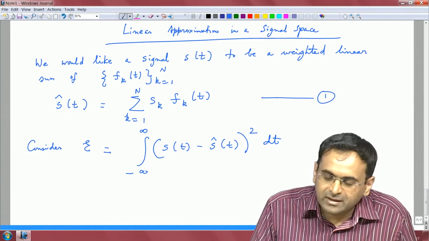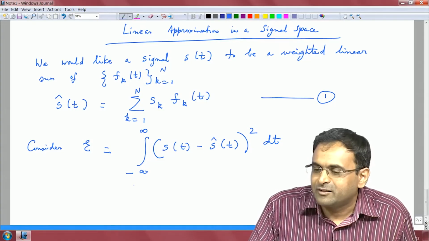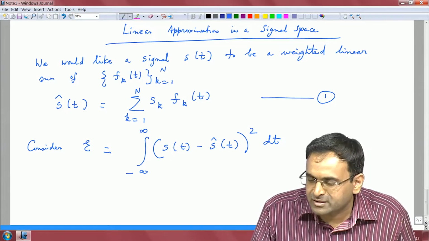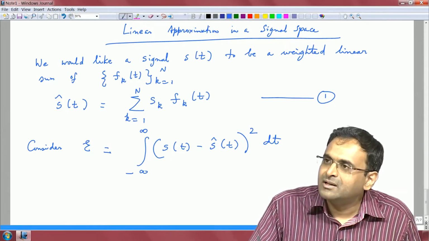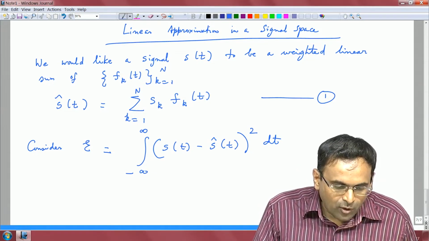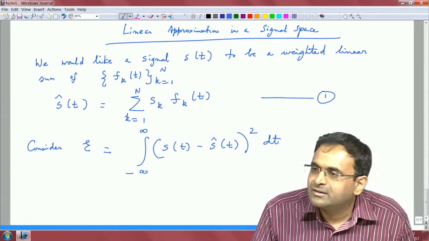The limits could be just from minus pi to pi or 0 to 2 pi or whatever finite limits you want to consider, but without loss of generality I just wrote minus infinity to plus infinity. Now, we want to minimize this square error.